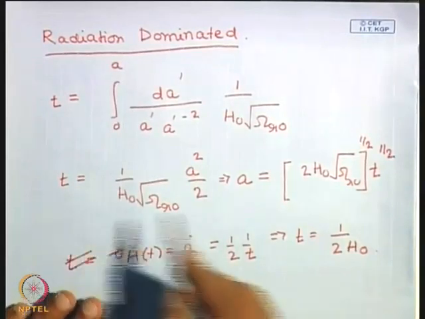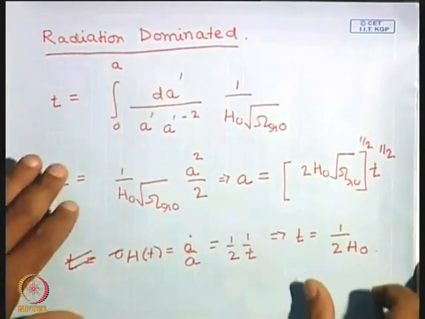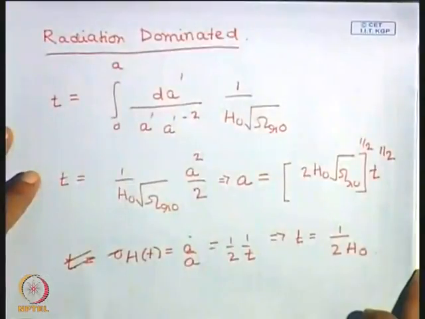Okay. So this is the dynamics of the equation in a radiation dominated model. So in the radiation dominated model the universe expands as t to the power half. Let me also remind you what it was for the matter dominated model. In a matter dominated universe, we have already worked it out.